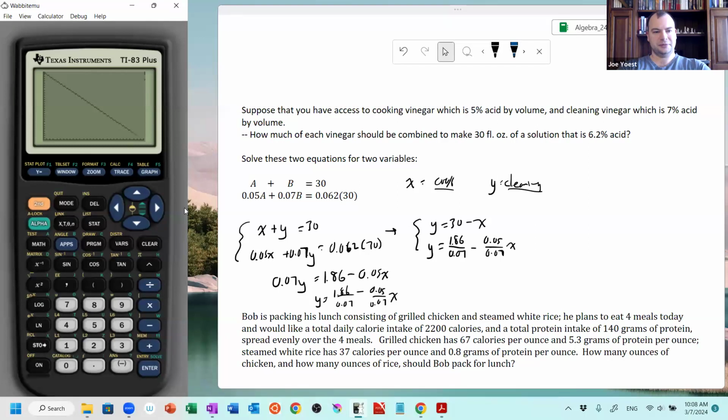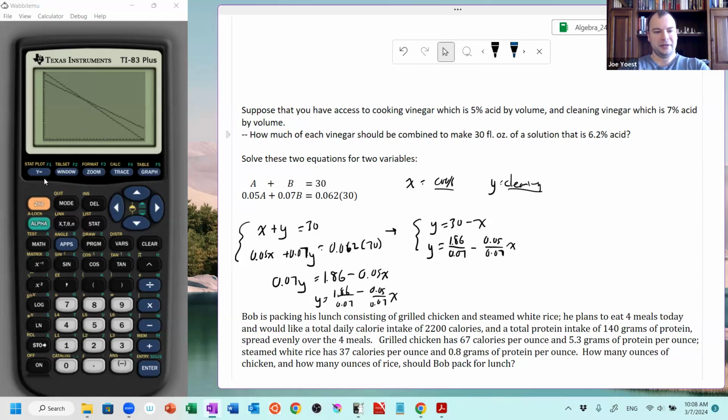I'll graph. And I see my intersection on the screen, so I'm happy with that. That means that I have a solution in the math sense and in the vinegar sense, a solution that's reasonable. I don't have to use a negative amount of one of the vinegars or something like that.